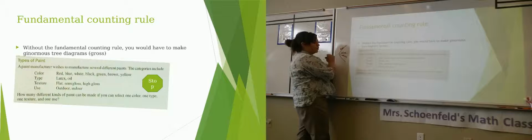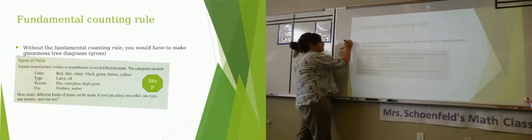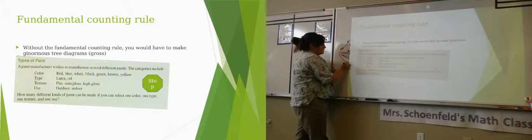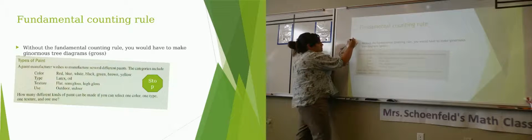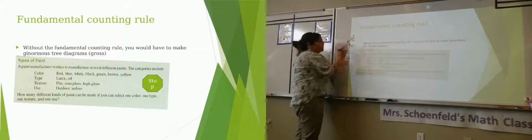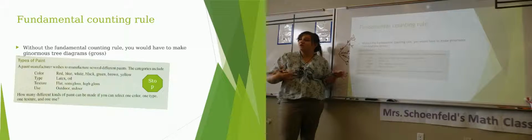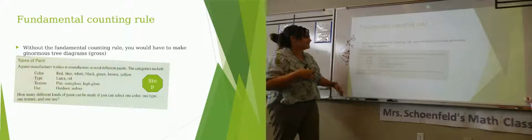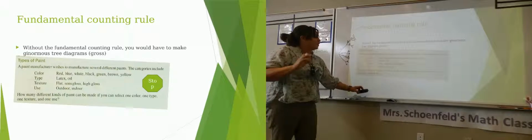And then from red, I could have latex or oil. From blue, I could have latex or oil. Then you'd have flat, semi-gloss or high gloss, and then outdoor and indoor. Each of those would have those little things. That's gross. We don't want to do that much work. Well, it makes a really cute little tree. Yeah, that's why we call them tree diagrams. They do get cute little trees after a while. Okay, we don't want to do that.